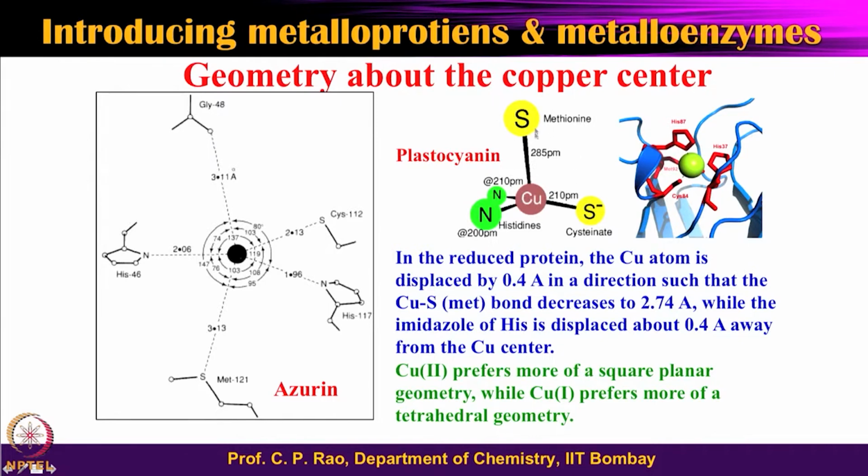This distance is brought down from 2.85 to 2.7475, and this is moved a little bit farther away, and this is a little bit dropped, moved a little bit towards this. So, there is a lot of change in the geometry, and these are connected to the protein. When the geometry changes here, it will change the protein conformation.